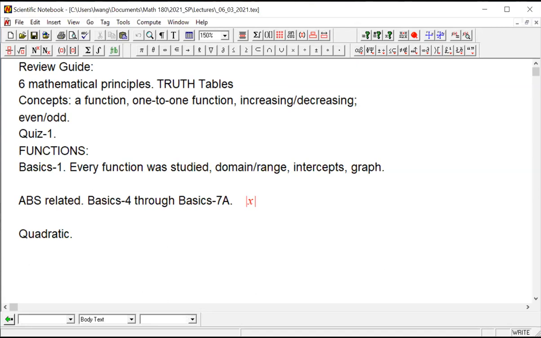And I don't know how many of you read the Everything Quadratic that was posted in the module. So from quadratic 1 through, all of these have something to do with quadratic, right?